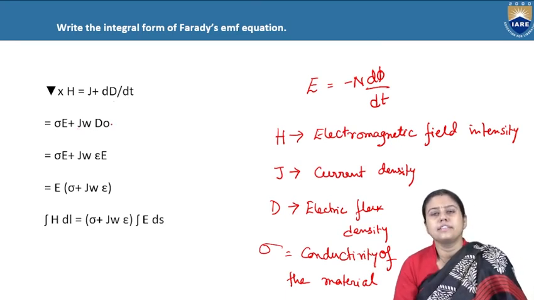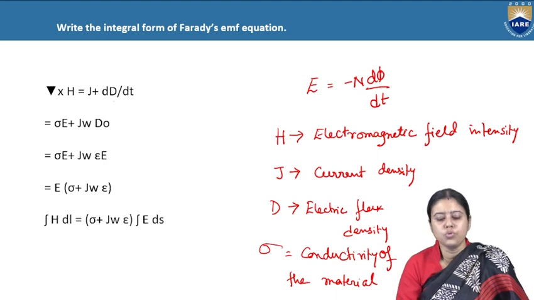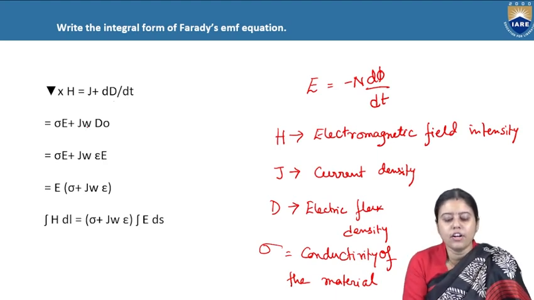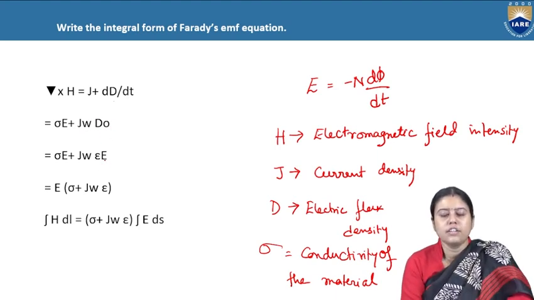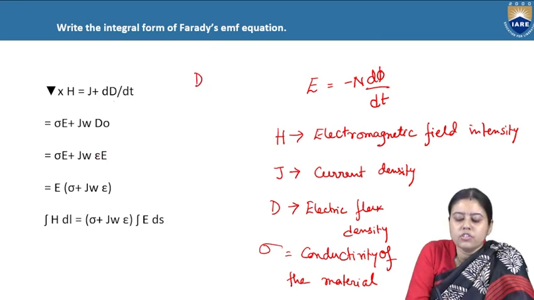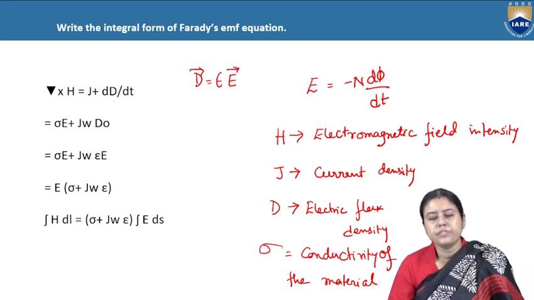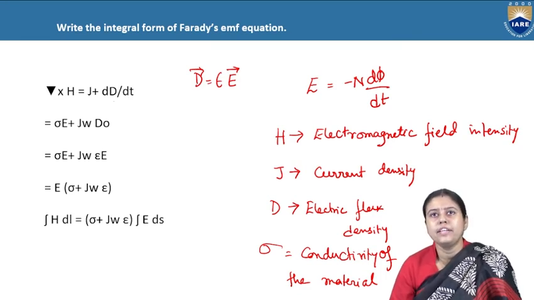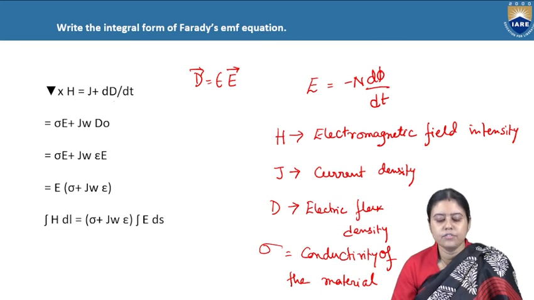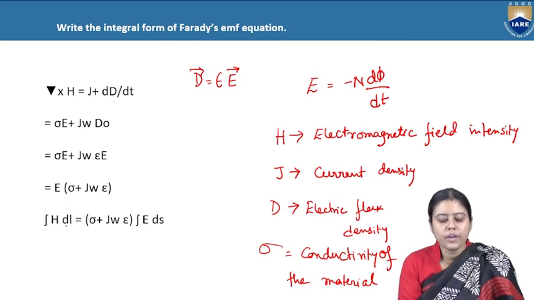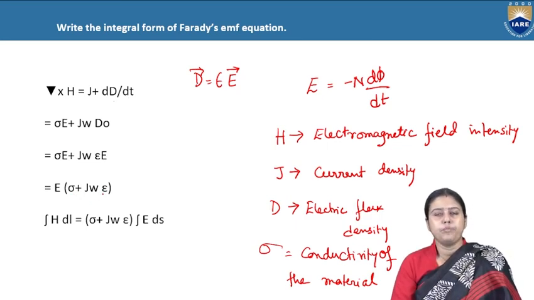We have already discussed these things in unit 2. So sigma E plus j omega D naught. According to Gauss law, D is equal to epsilon into E. What is epsilon? Epsilon is the permittivity of the medium. What is E? E is nothing but the field intensity. So if we take E common, we can get sigma plus j omega epsilon.